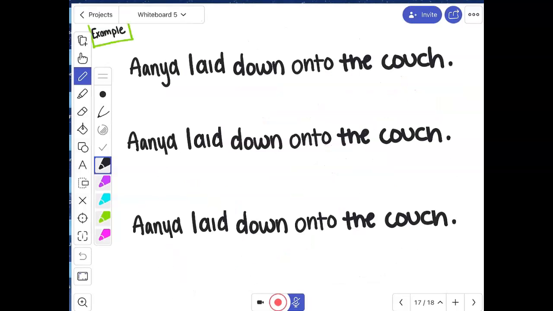So I have the same sentence here 3 times. Anya laid down onto the couch. Okay, let's see. The verb here is laid. She laid on the couch. Okay, so I want to describe how she laid on the couch. How about I could say Anya laid sleepily down onto the couch.